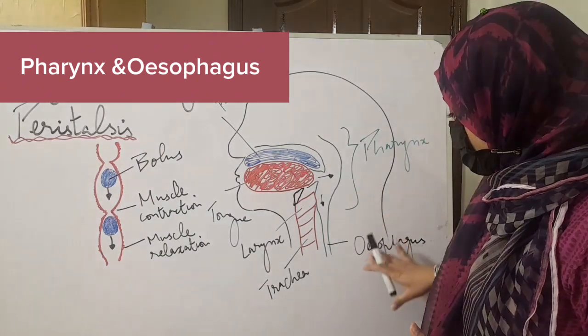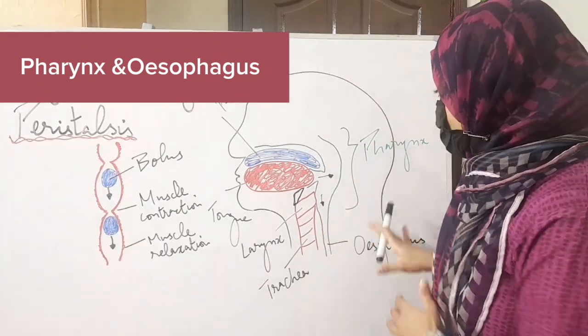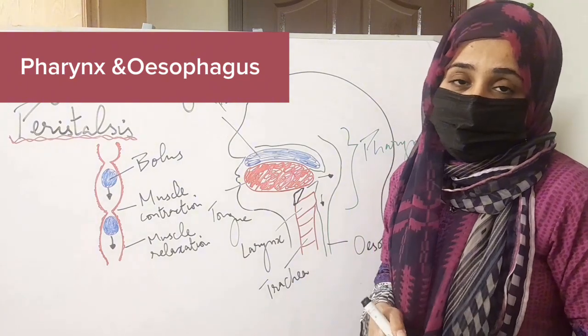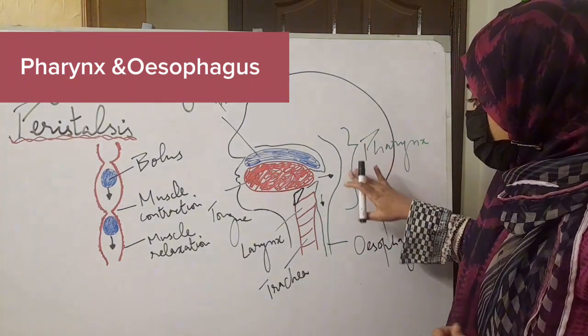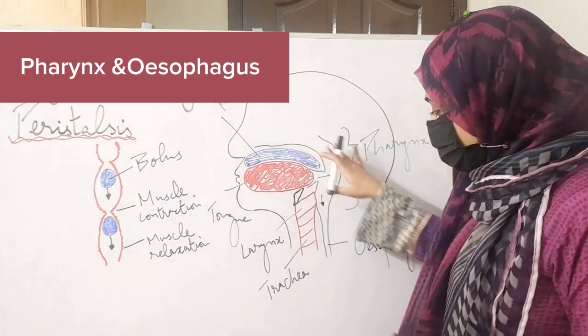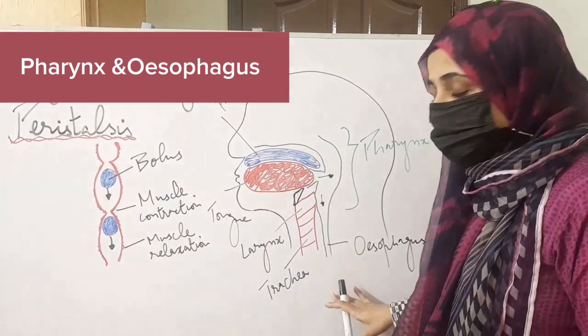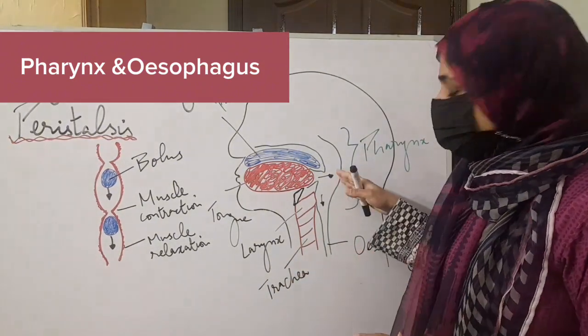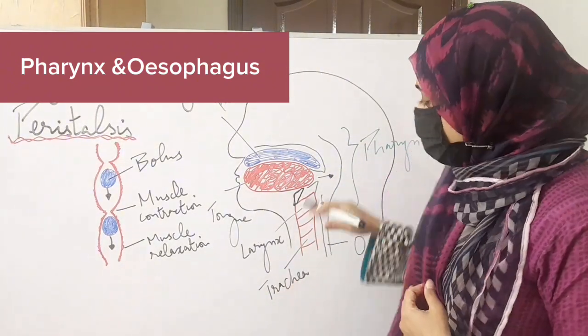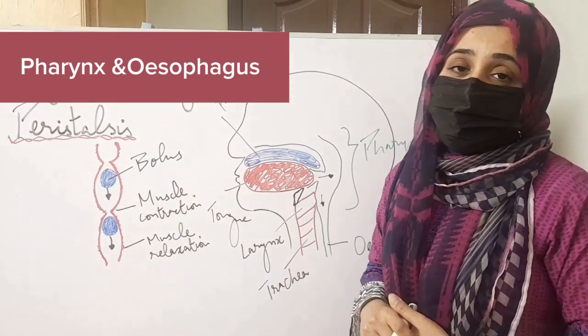Neither the pharynx nor the esophagus contributes to the digestion of food, but they just transfer the food from the oral cavity towards the stomach. While passing through these structures, the digestive action of saliva continues, and the bolus finally enters the stomach.